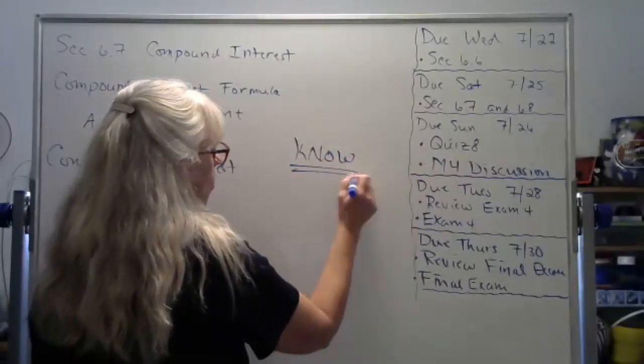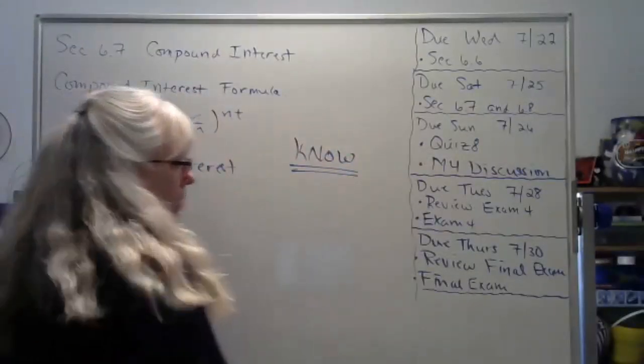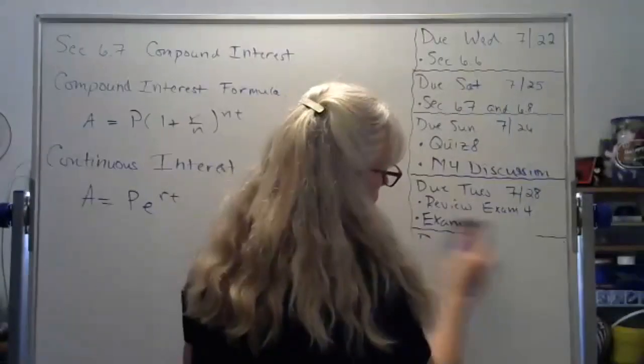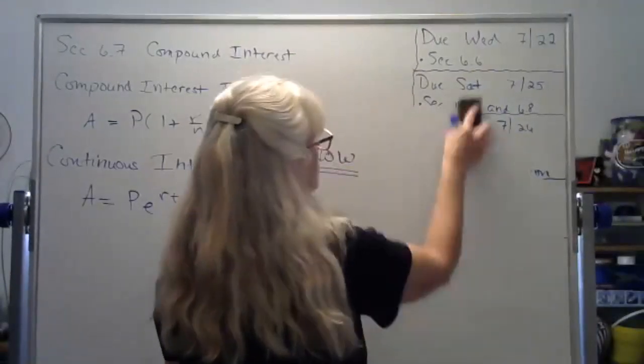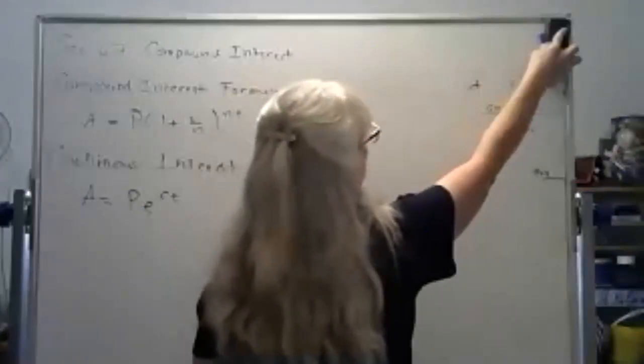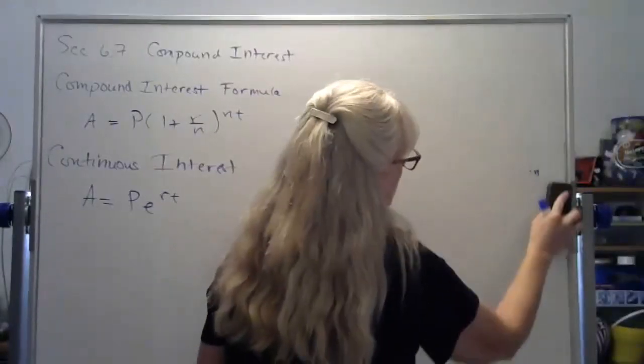So those are the two formulas, and yes, you need to know them. Okay, so to help us out, I'm gonna erase what's due, because we've seen it, and then write the two formulas over here on the side to keep so that we've got them.